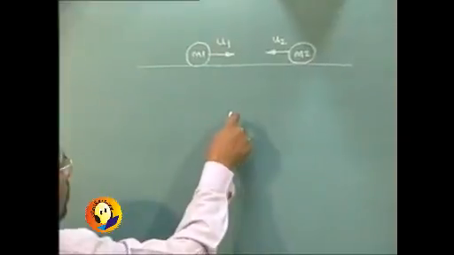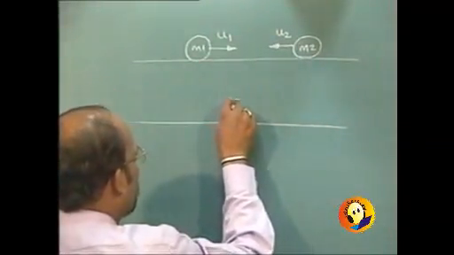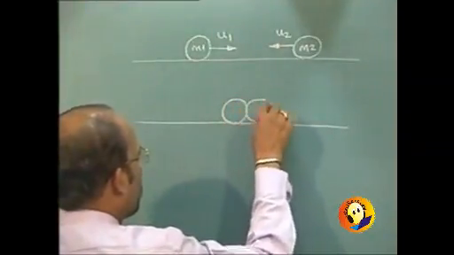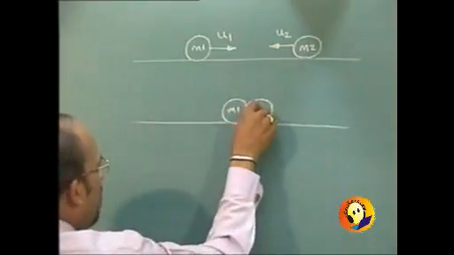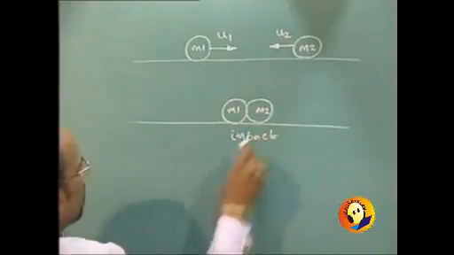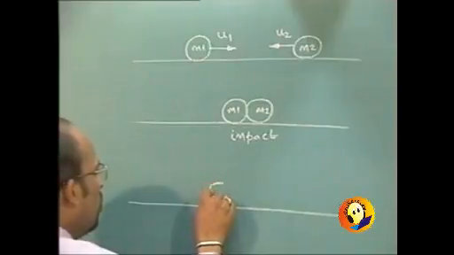And of course at one moment they are going to collide, so they hit each other. M1, M2, this is the impact. And then they will start moving in the opposite direction.